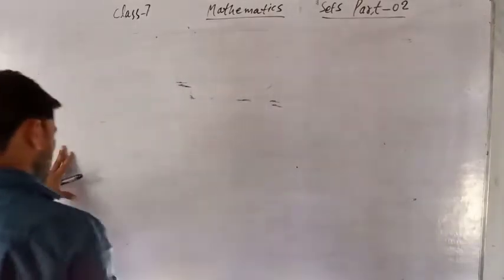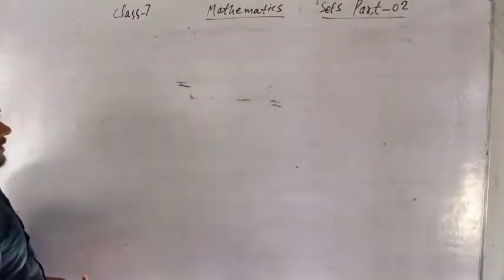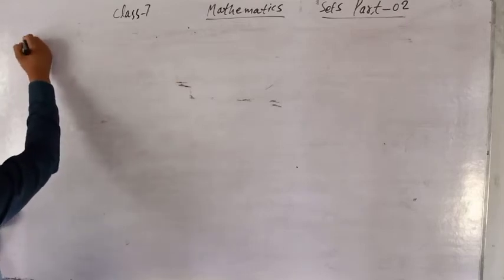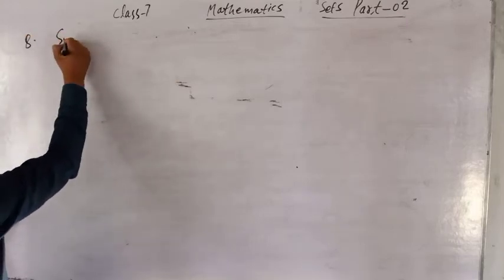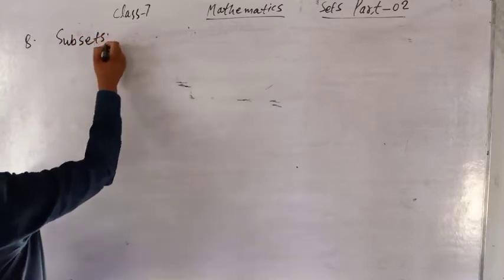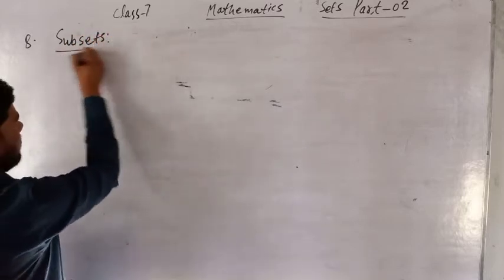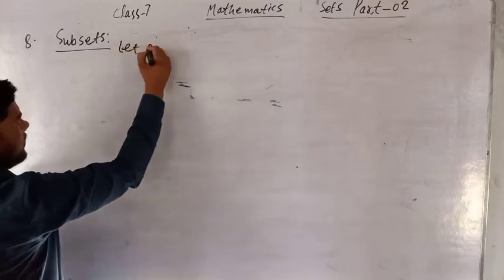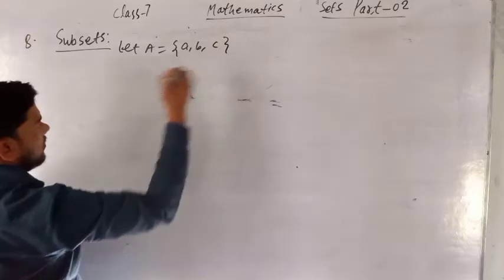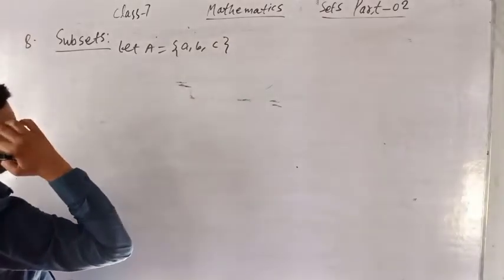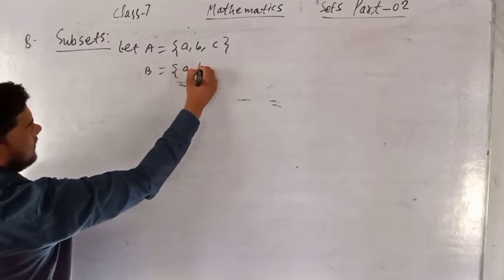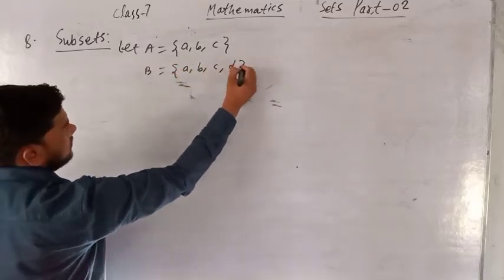Okay. Now common subset. Eighth part is subset. Let A is equal to {A, B, C} and B is equal to {A, B, C, D}. See.